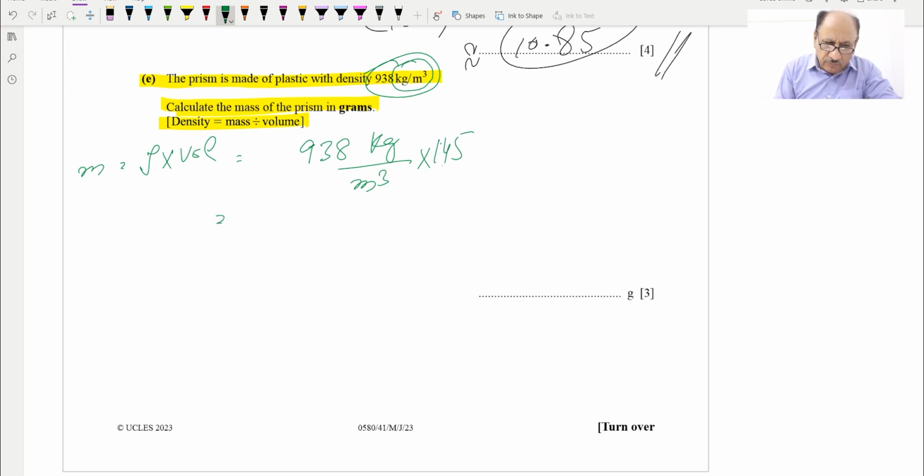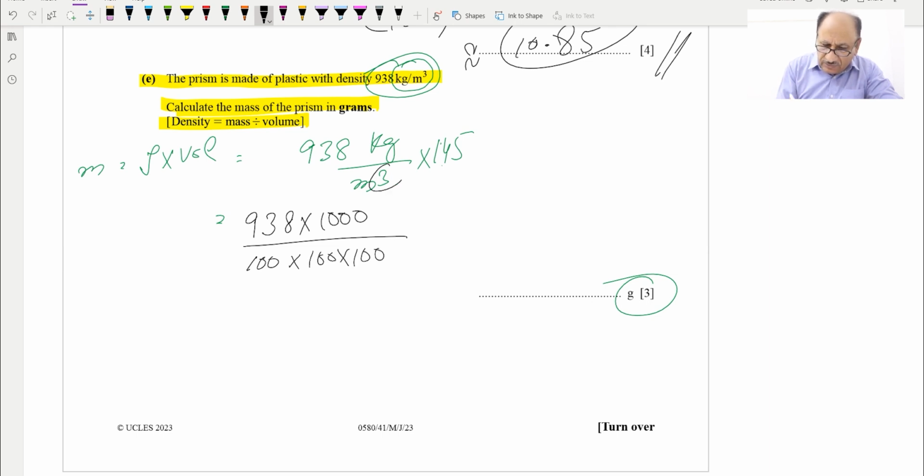But we need to convert. The answer we require is in grams. So what we will do, we will write 938 kilograms will be converted into grams by multiplying it by 1000, and meters into centimeters. This is meter cube, so all these 3 meters will be converted into centimeters.